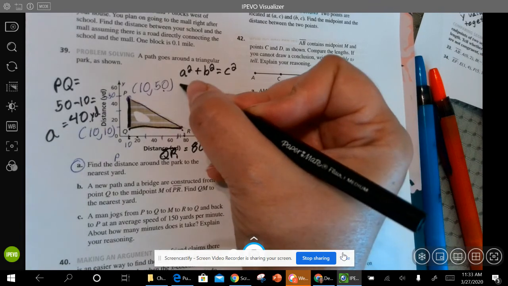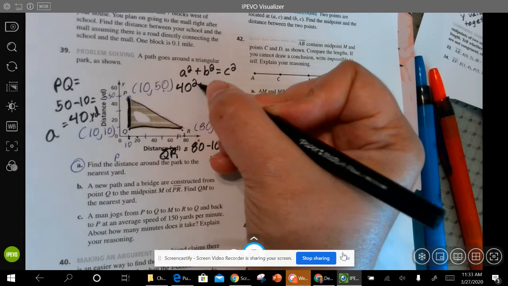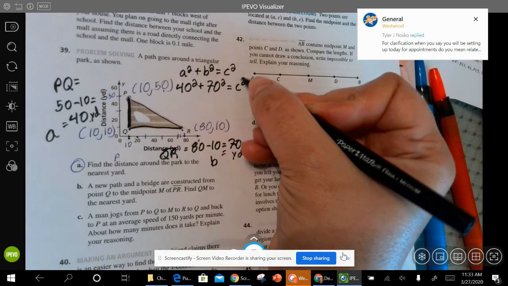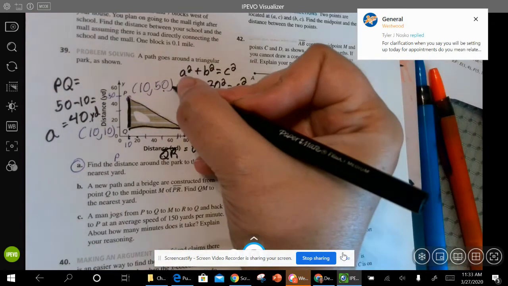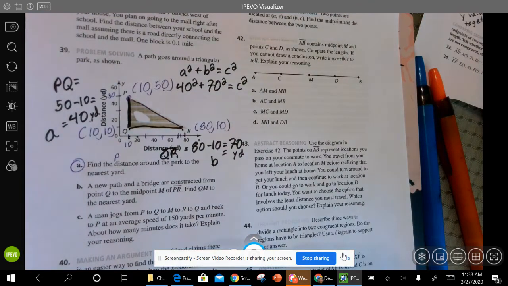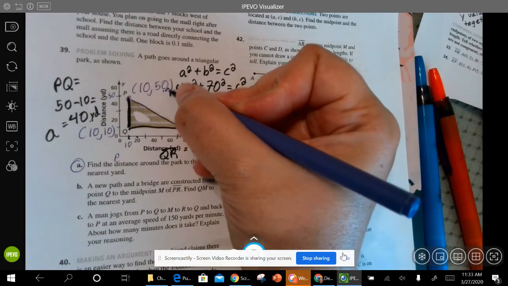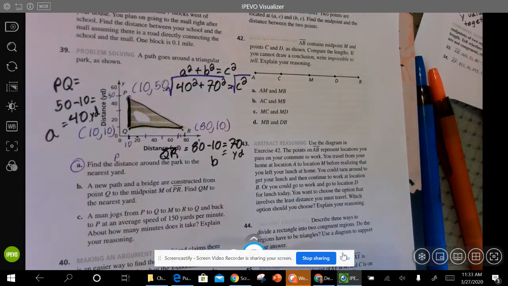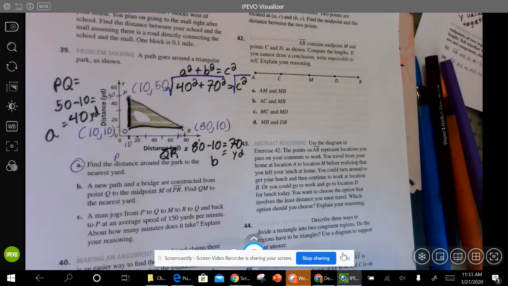Okay, so I'm going to substitute it in. So 40 squared plus 70 squared is equal to C squared. I'm going to take the square root of each side. And everybody, you can definitely square them first and then find the square root.